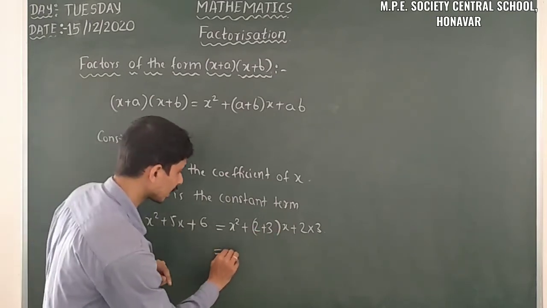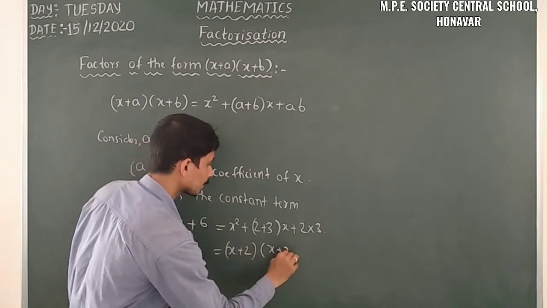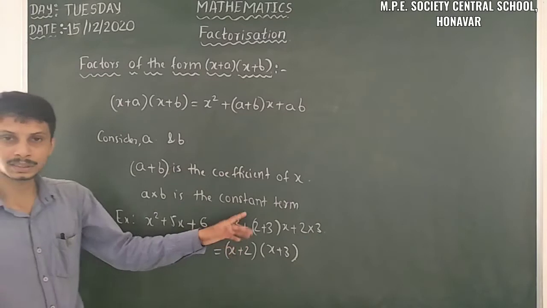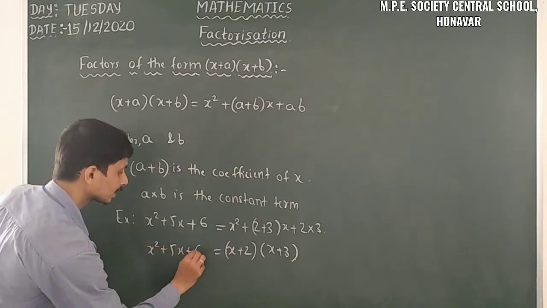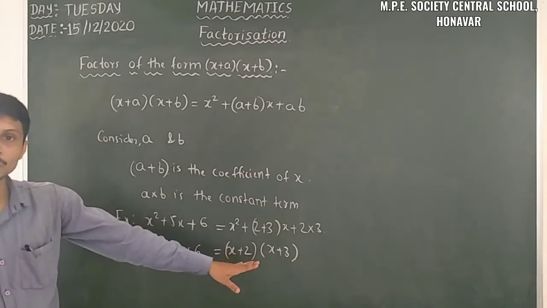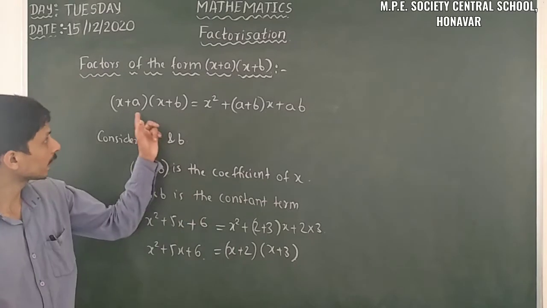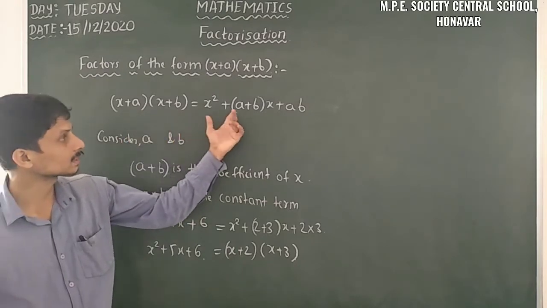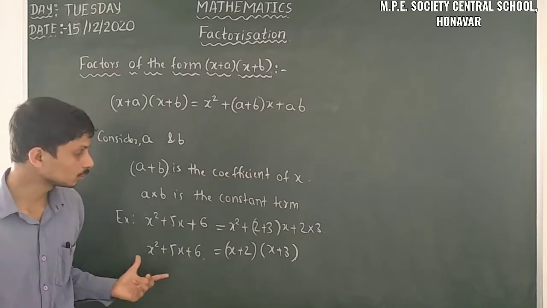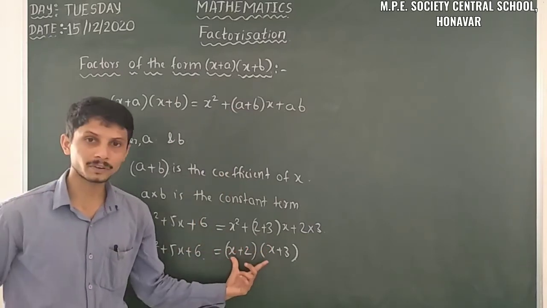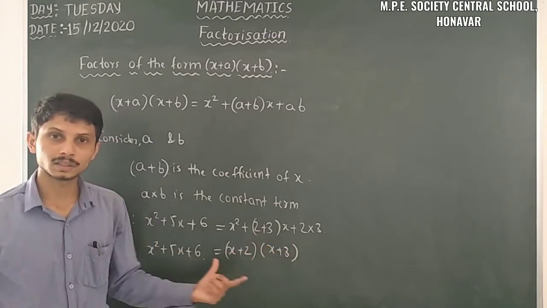So we can write it as x plus 2 into x plus 3. So x square plus 5x plus 6 can be written as x plus 2 into x plus 3. We used the form x plus a into x plus b is equal to x square plus a plus b into x plus ab, and using that identity we got our factorization, the multiplied factors.